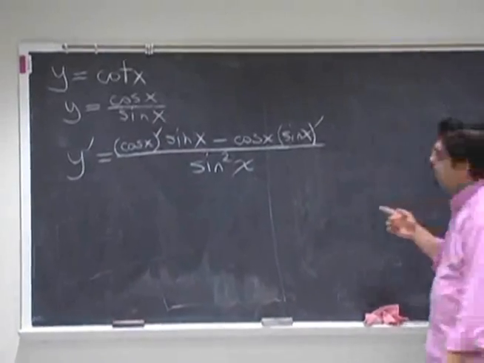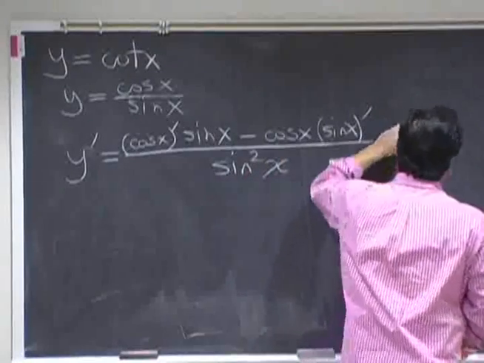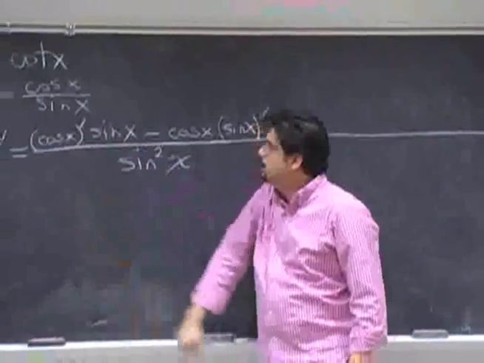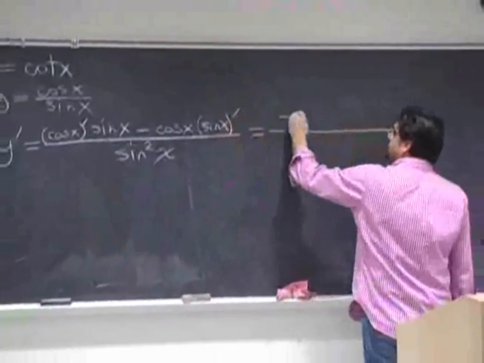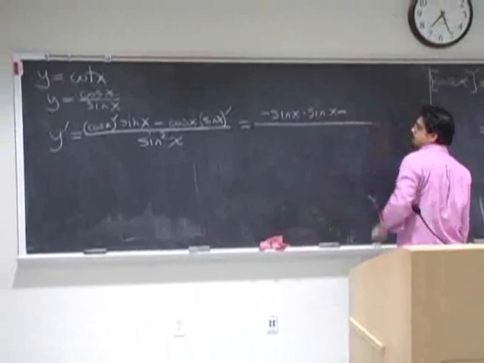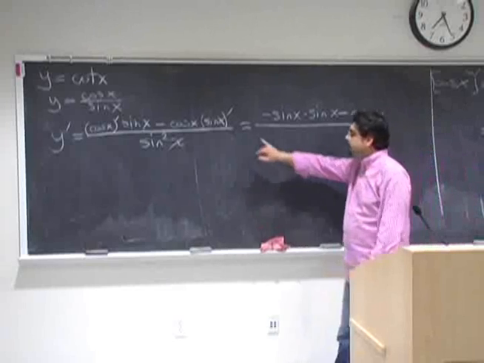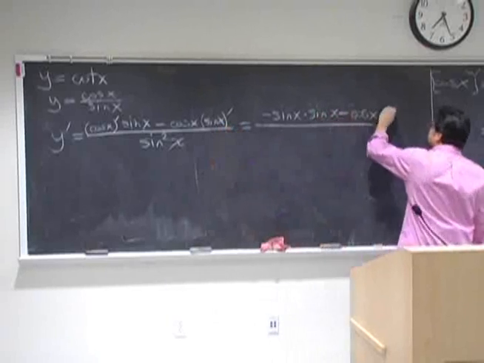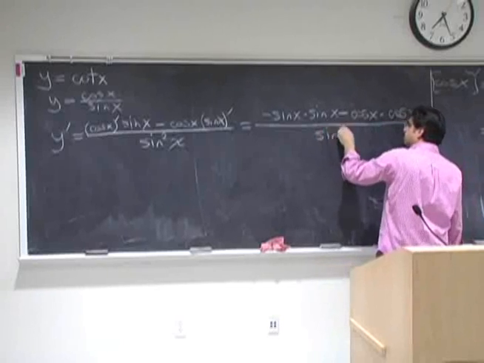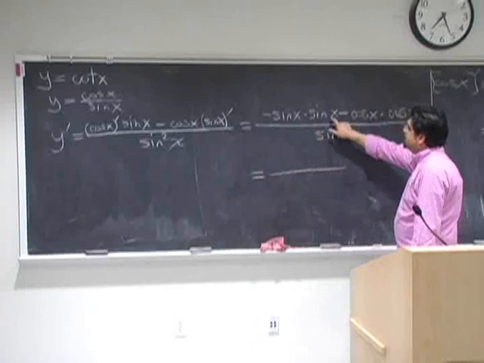Okay, so let's do these primes then. Cosine of x prime is what? Negative sine x times sine x minus cosine x times, what's the derivative of sine x? Cosine x, over sine squared x. So let's rewrite this.